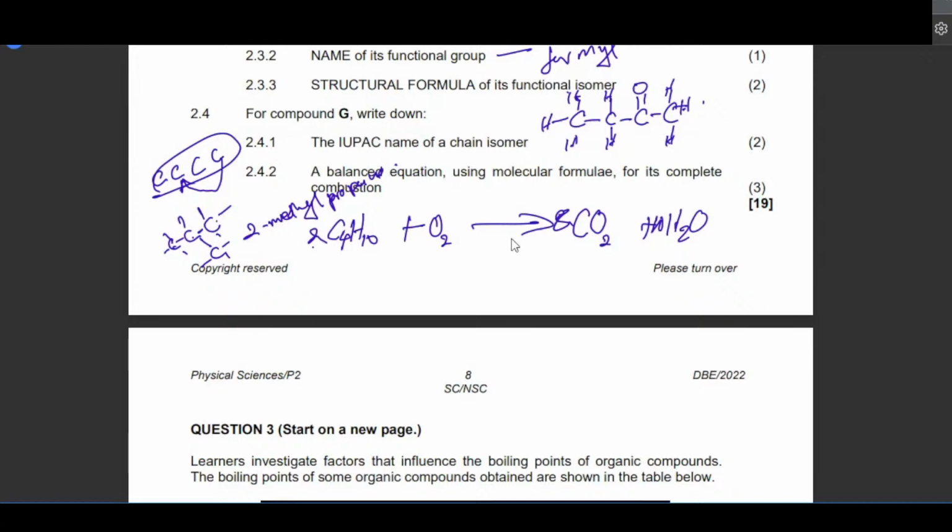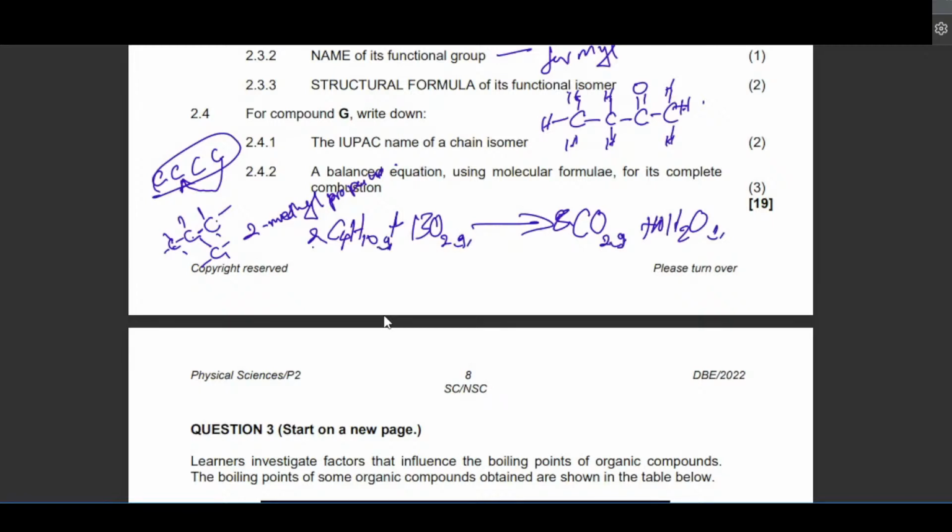So 26 divided by 2 is 13. I'm going to put a 13 here, because 13 times 2 is 26. So I think it's balanced. This is a liquid, this is a gas, this is a gas, and this is a gas.